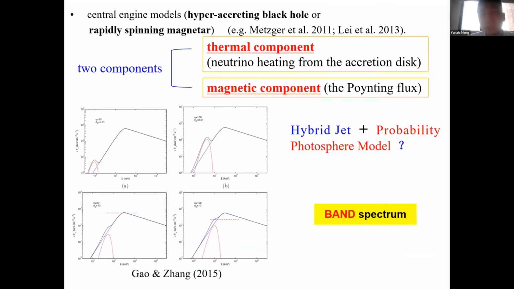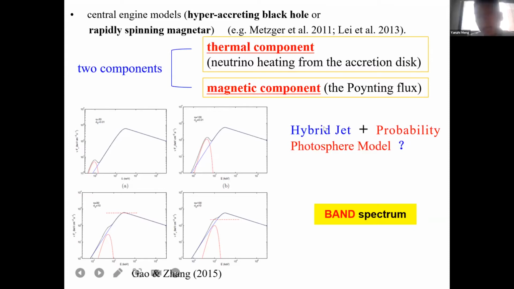So what's next? Much work on central engine models, whether it's the black hole or magnetar, shows that maybe the jet has two components: a thermal component from the neutrino heating, and another, magnetic component from the Poynting flux.